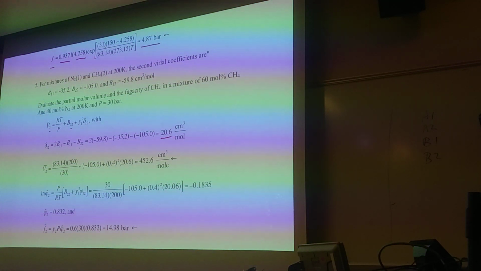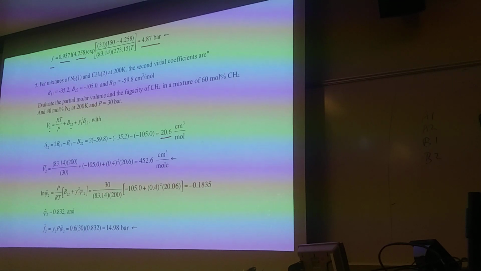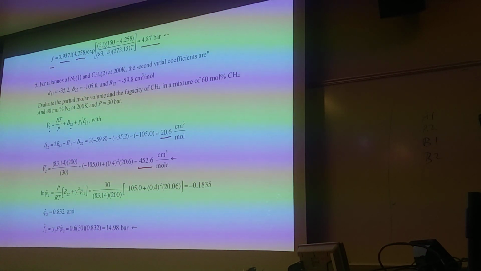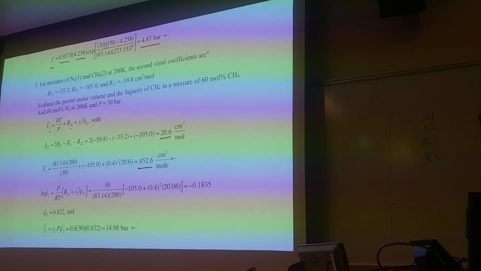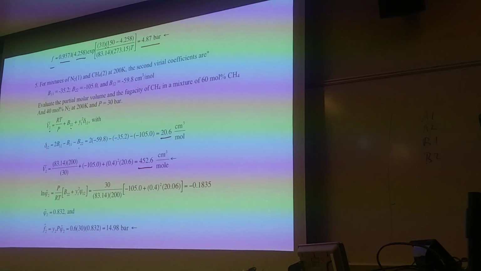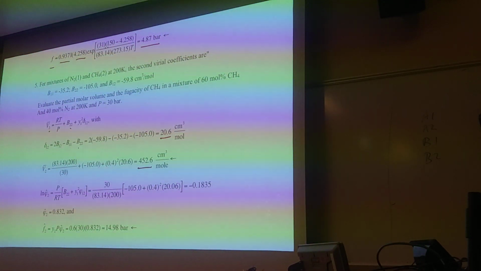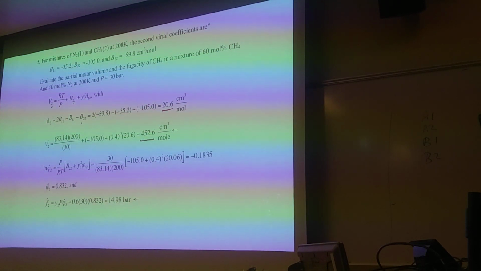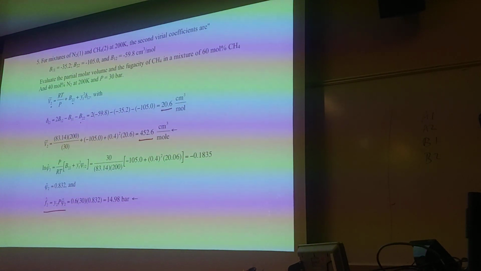So now it's just a matter of plugging in. I get the partial molar volume of component 2 is 452.6 cubic centimeters per mole. And I can now get at the fugacity coefficient for that component, and the idea of getting to the fugacity itself, which is calculated this way.